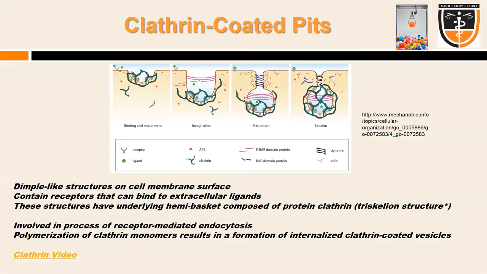That's what the clathrin-coated pits are. They're dimple-like structures on a cell membrane, and they contain receptors for specific extracellular compounds that the cell wants to eat, okay? They have this hemibasket protein structure on the bottom of the pit. So this is clathrin.